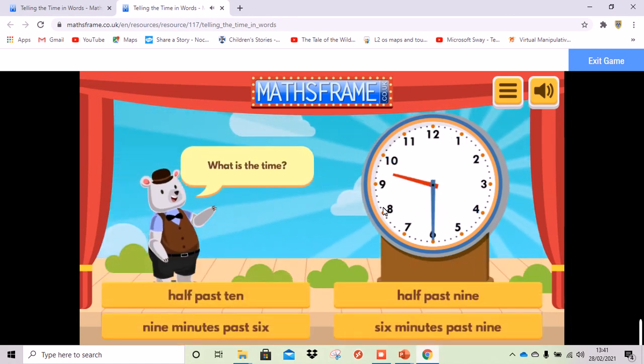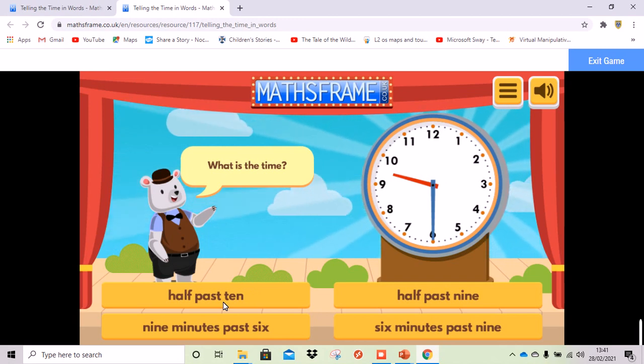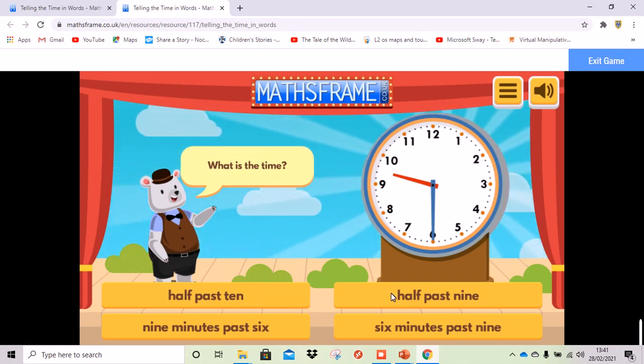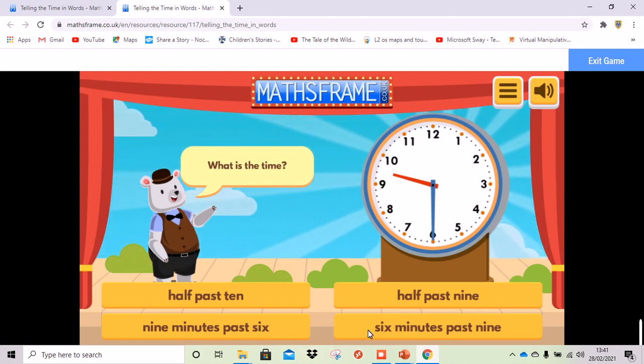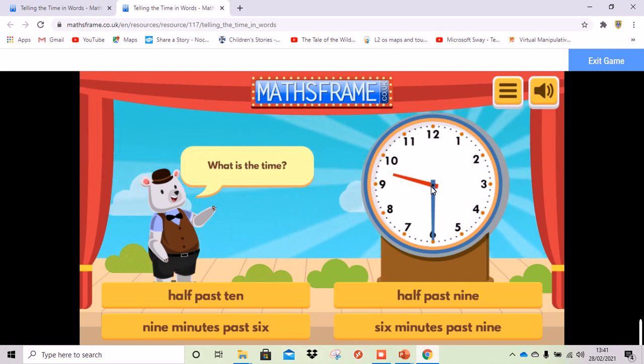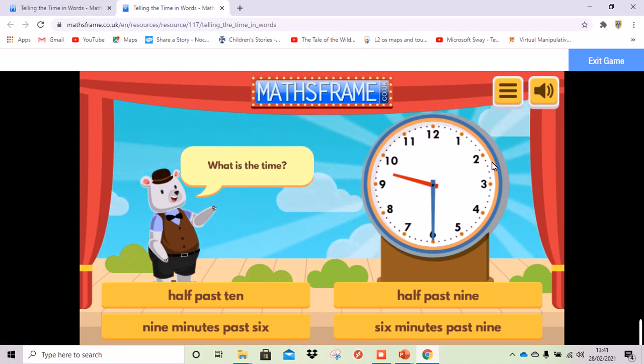What is the time? So we've got our options here: 10:30, 9:30, 9 minutes past 6, or 6 minutes past 9. Let's look at what our hands are telling us. Remember, the long hand tells us minutes, and the minutes are pointing at the half part of the clock.